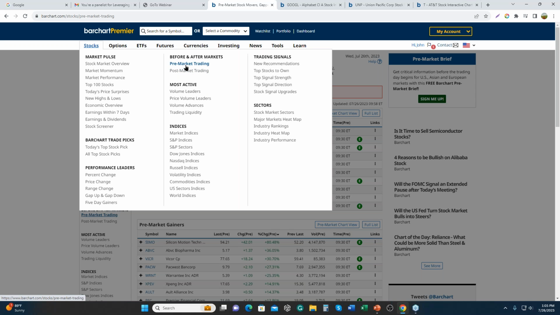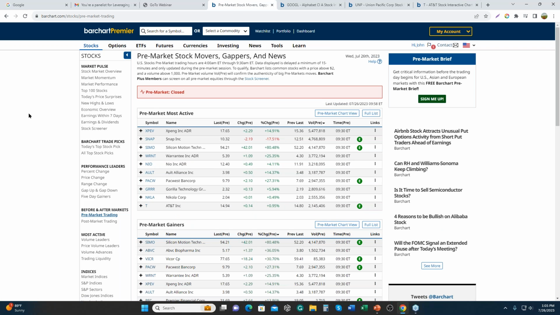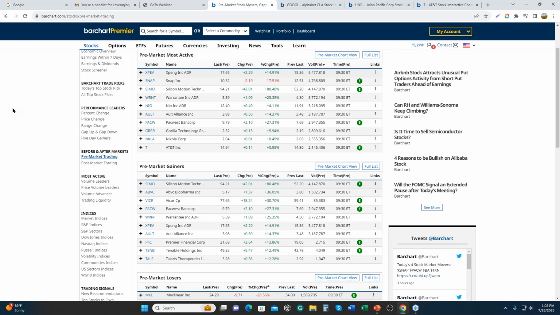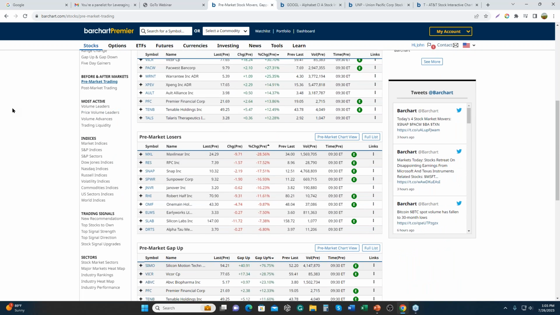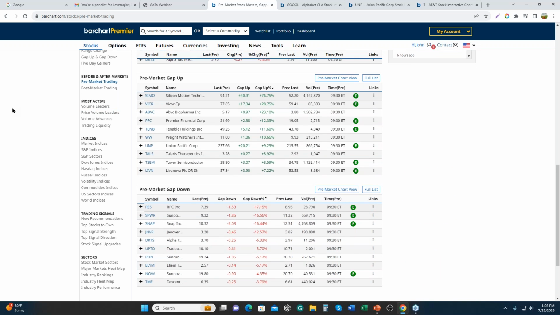We divided pre-market activity into 5 different data tables that you can choose from: most active, pre-market gainers and losers, and gap ups and gap downs.